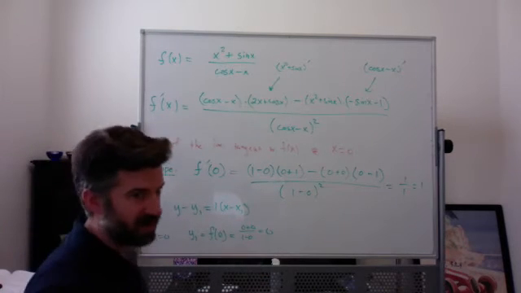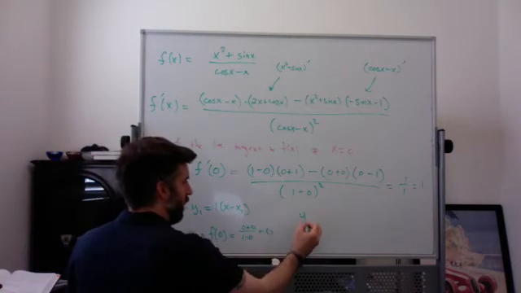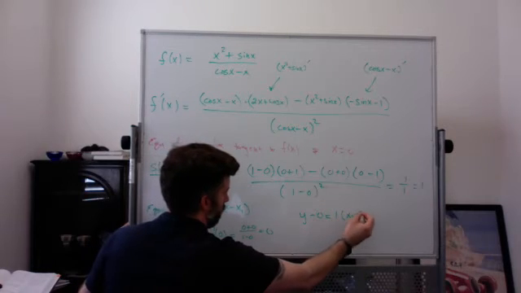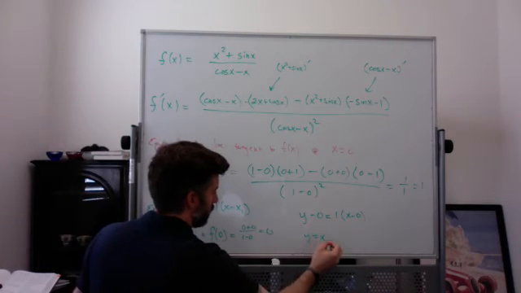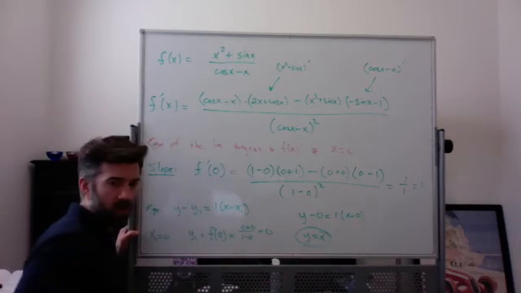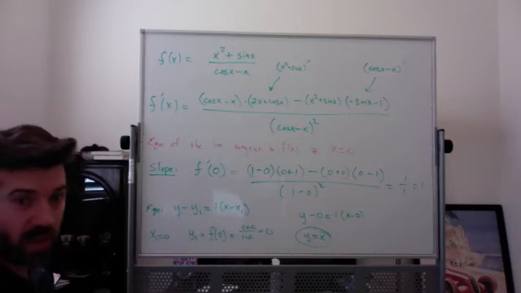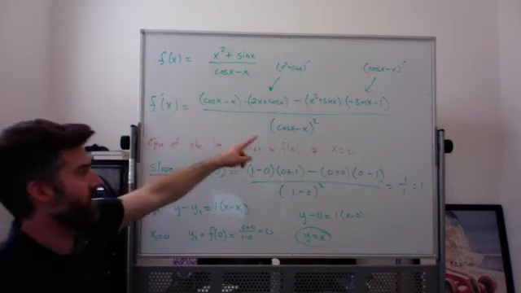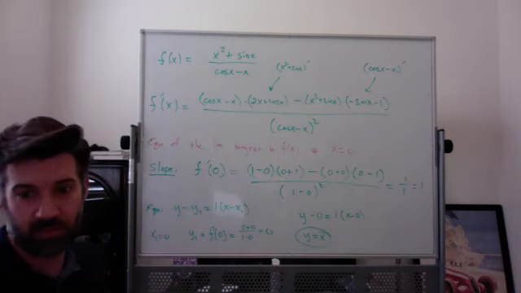So here's my not very exciting answer. I get y minus 0 equal to 1 times x minus 0, which is just y equal to x. So that's how you find the equation of the tangent line to this function at x equal to 0.